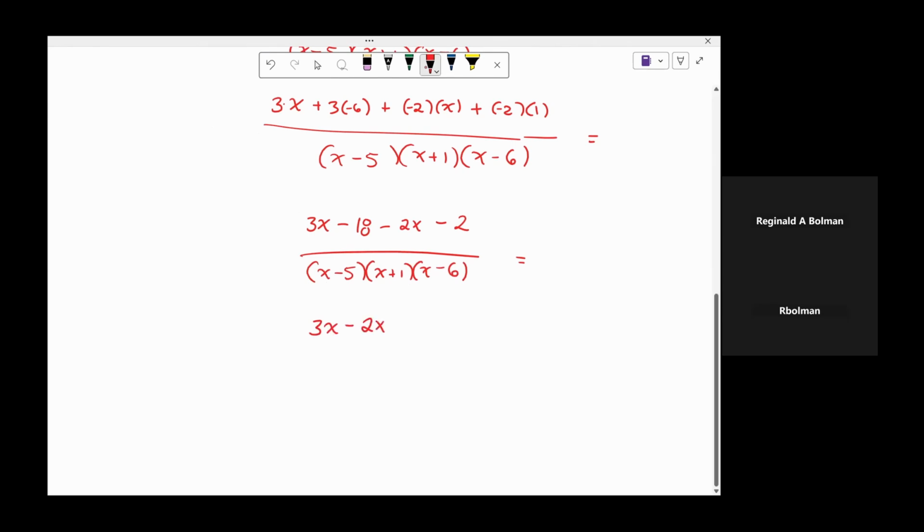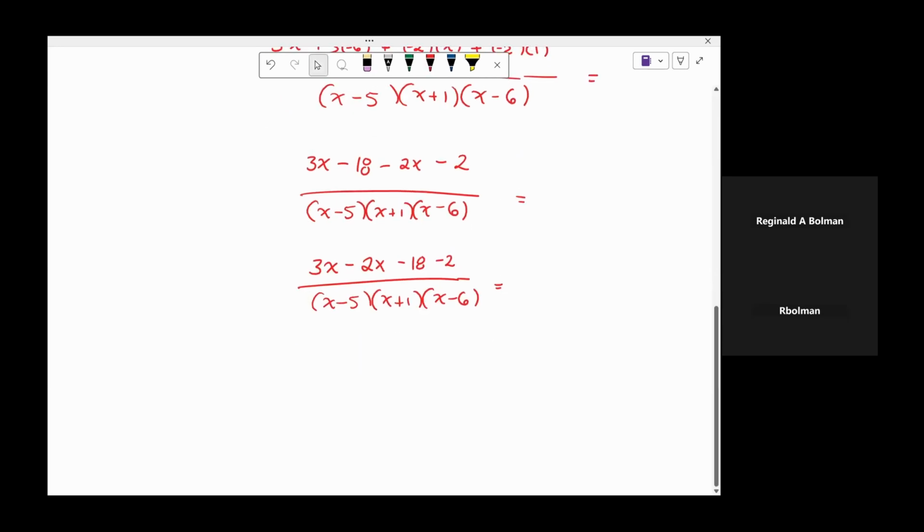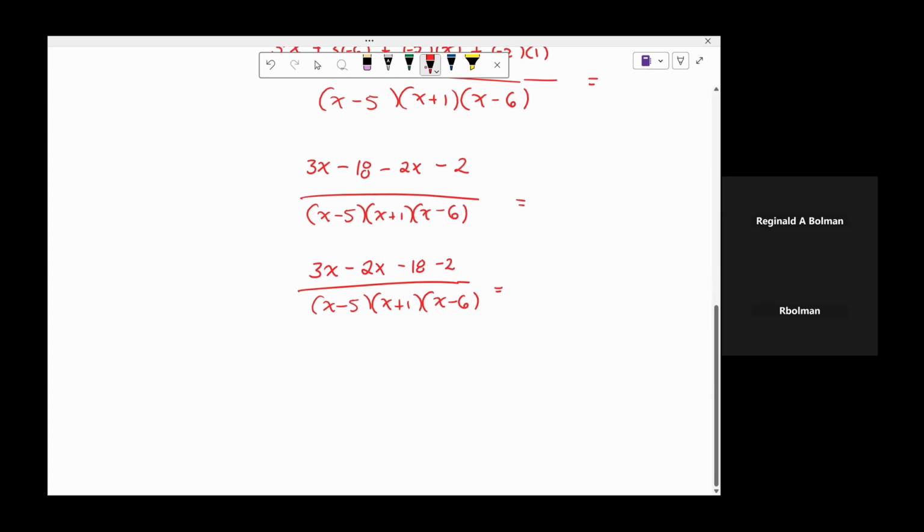So I'm going to go ahead and move my negative 2x forward in the stack, and I'll have my negative 18 minus 2 over there. Okay, and you'll note that 18 minus 2, if I owe you $18 and then I owe you $2 more, I should owe you $20 total.